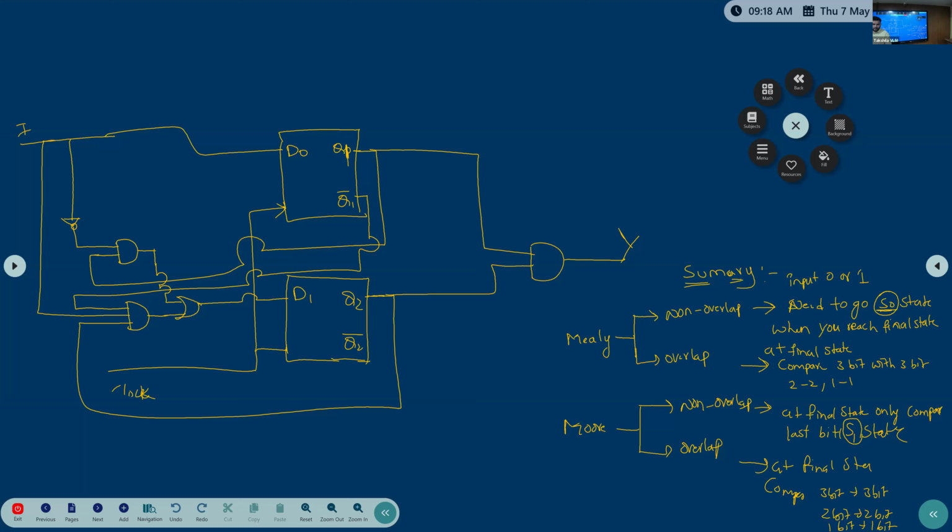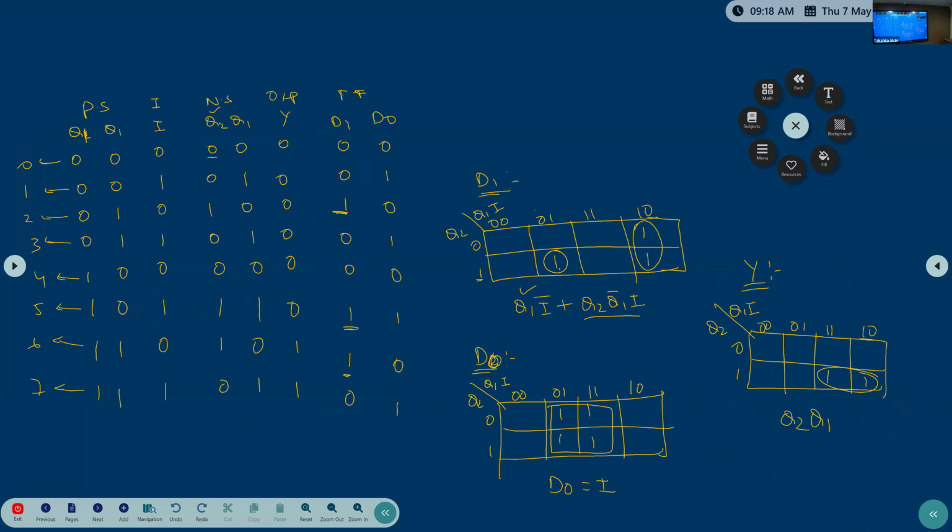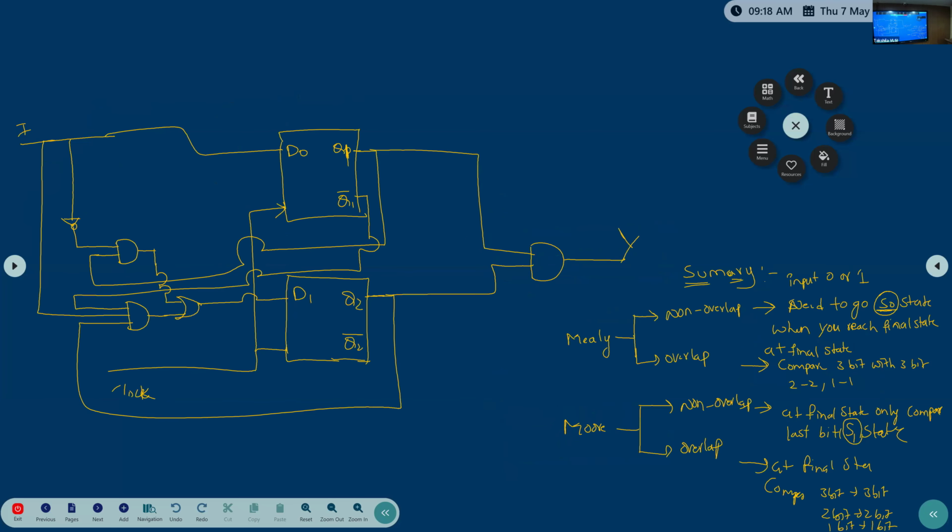The output combinational equation should not contain I. If I is coming, it is wrong. Any questions, any doubts?